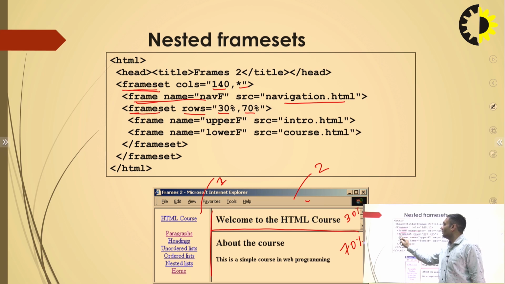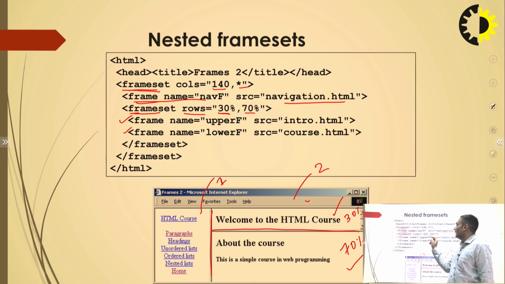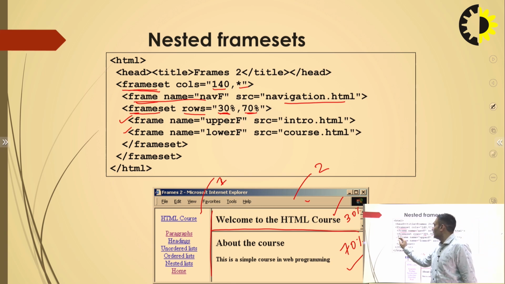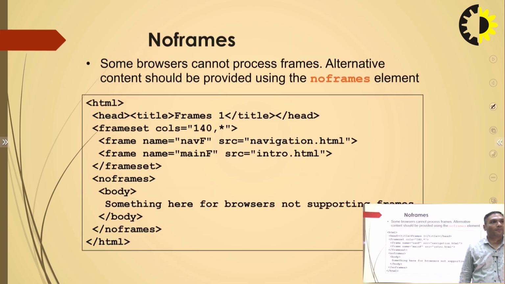This Frameset further contains two frames, this one and this one, divided row-wise, 30% and 70%. This Frameset is closed here, and this Frameset is closed here. The whole document is closed here. So in this way we can define a Frameset inside another Frameset.